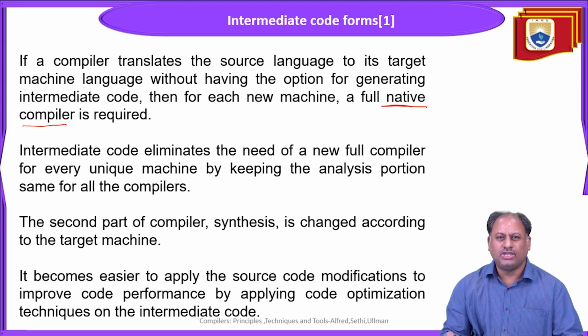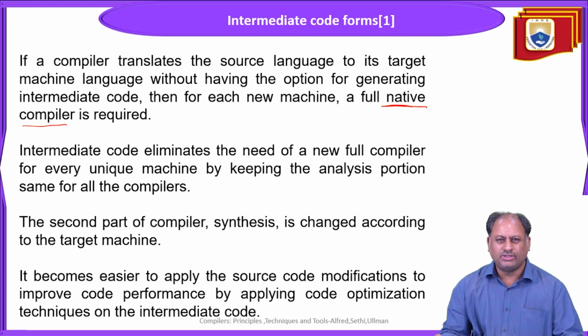So in order to eliminate the need for a native compiler for each machine, we are going to eliminate this process. Getting a new native compiler every time is a hectic task, and it is difficult.